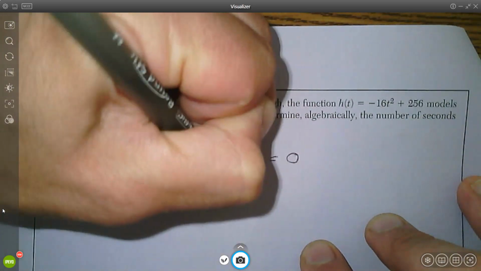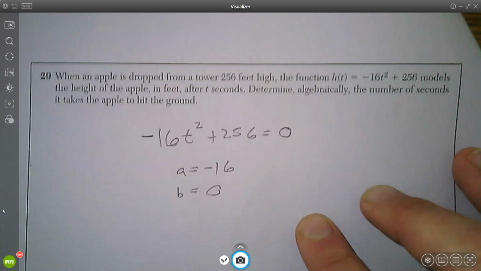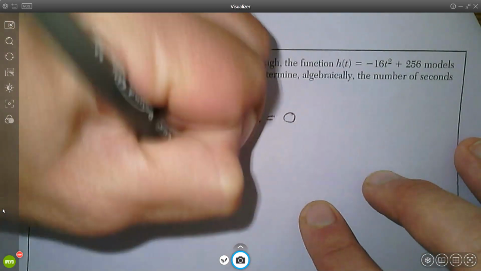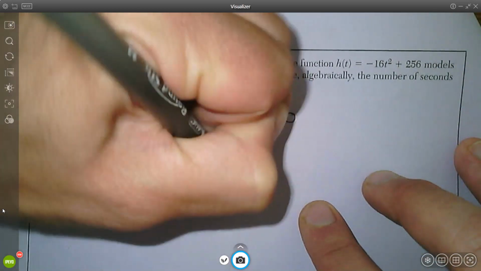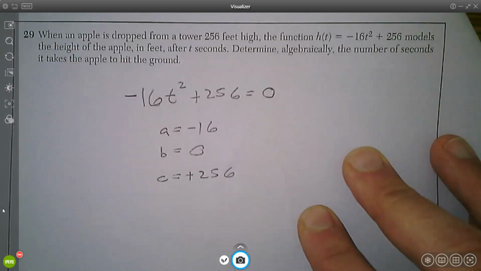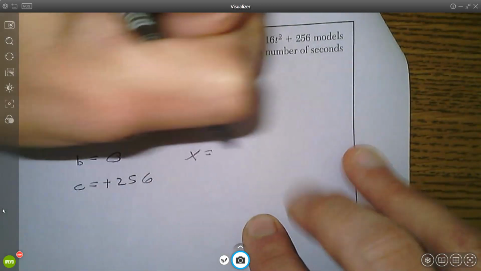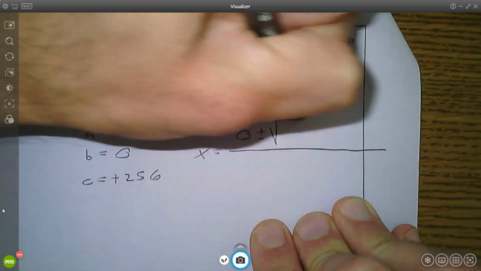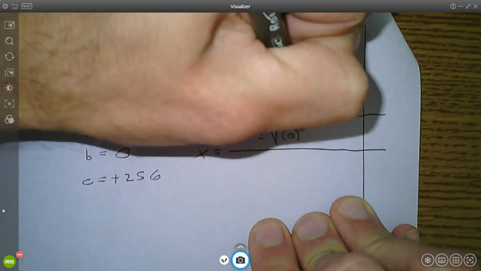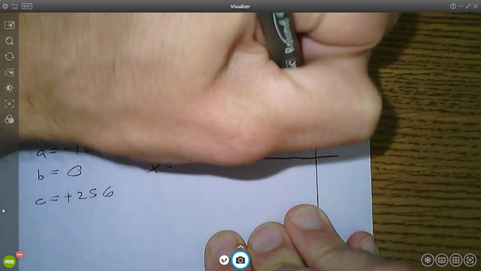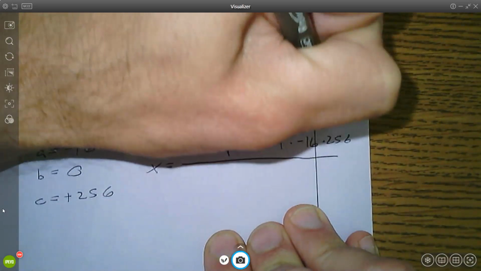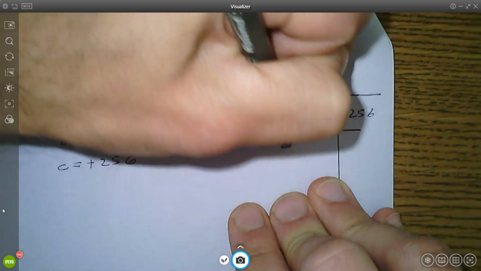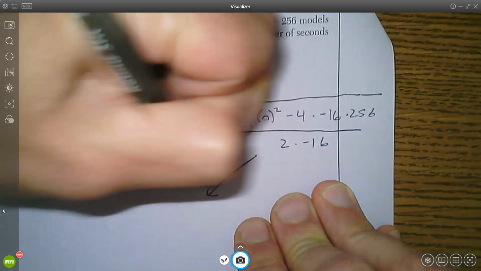A is -16, B is 0, C is positive 256. So you can just substitute in the opposite of b, the opposite of 0, 0, plus or minus the square root of 0 squared minus 4 times negative 16 times 256 divided by 2 times negative 16.